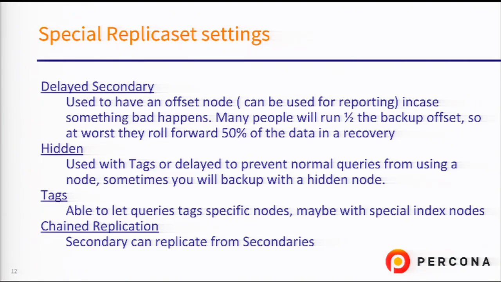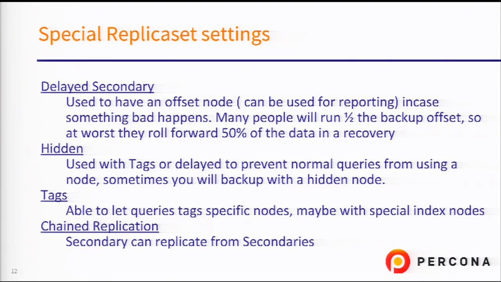So a couple key things that you can do in Mongo that are more interesting to me. The delayed secondary is probably one of the most interesting ones. So I can literally just say, I want this secondary to always be an hour behind everything else. And when you have that, say I had some event where I deleted a collection accidentally. Well, instead of having that whole recovery process I was talking about, you could bring down the entire cluster, rsync that one secondary to all the other nodes, start everything back up, and you're back in working order from an hour ago.